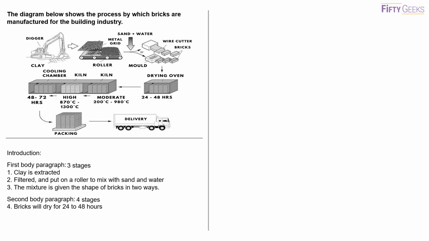Following this, the bricks are put into a kiln at different temperatures from moderate to high and then into a cooling chamber for 48 to 72 hours. I will write putting bricks into a kiln at different temperatures and then into a cooling chamber for 48 to 72 hours.